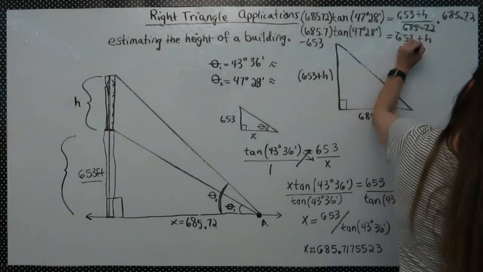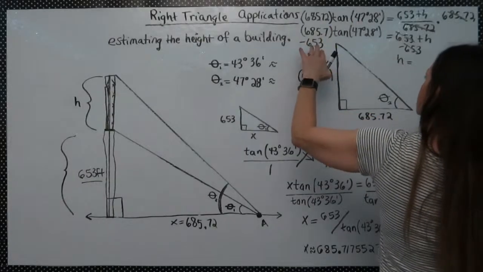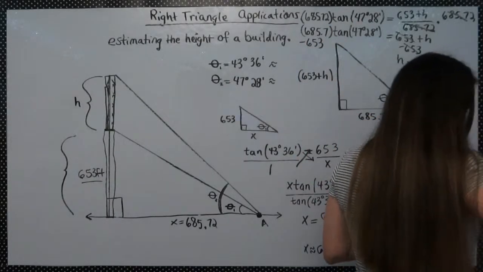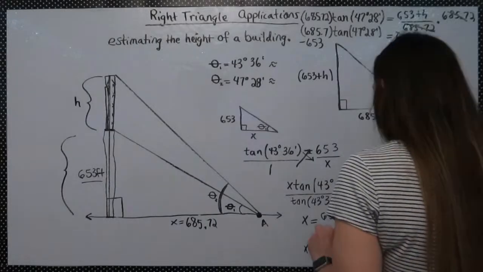So you're going to get h equals all of this minus 653. So let me write it out down here.